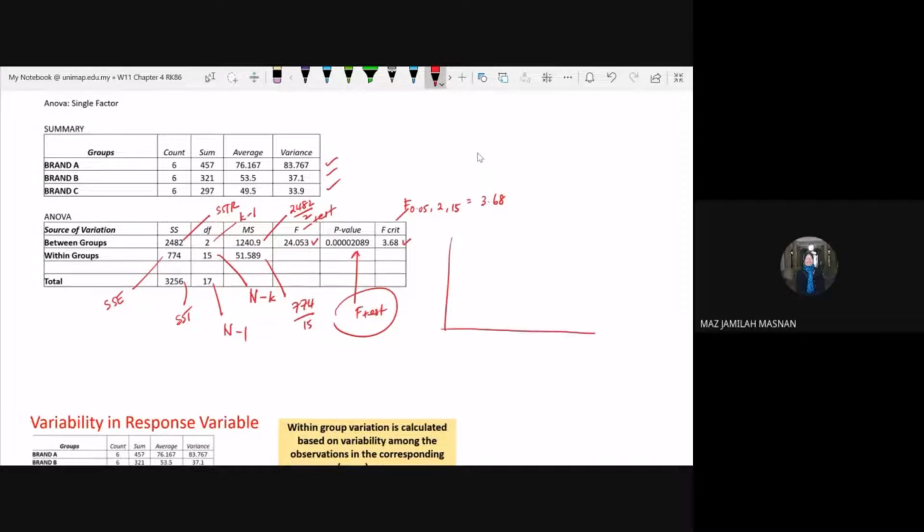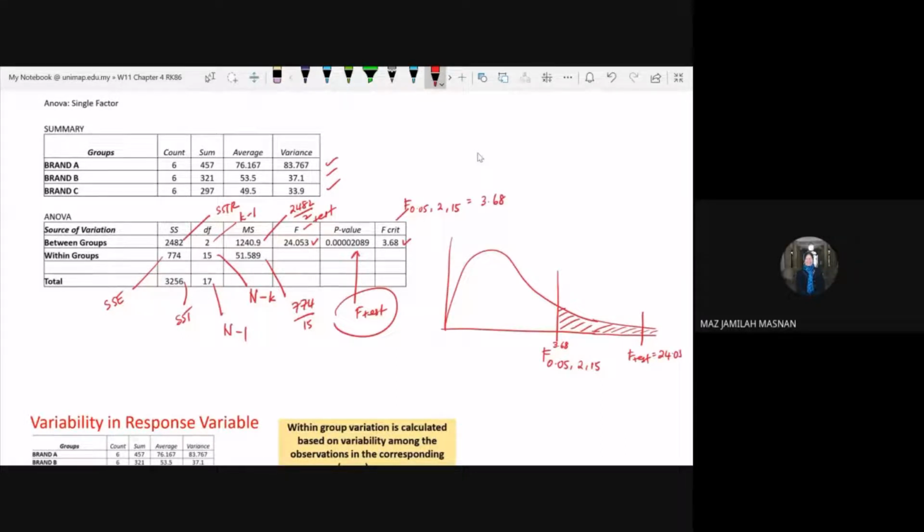If I rewrite the distribution again, let's say this is your alpha. So my F alpha will be here. Using our discussion, F 0.05, 2, 15 is 3.68. So 24 is further away from 3.68. Here F test is equal to 24.05.